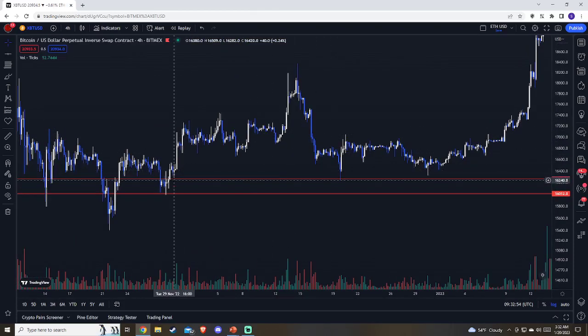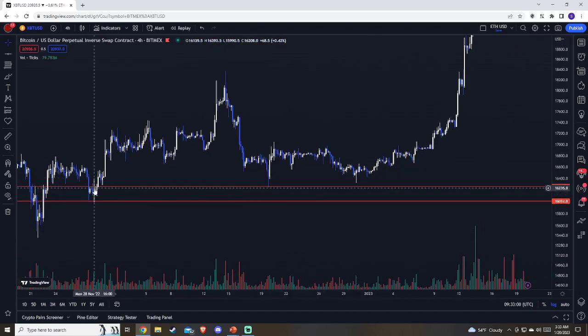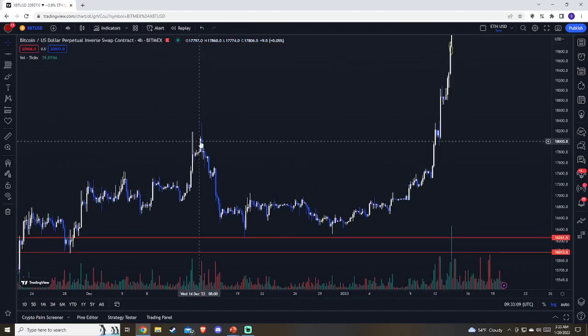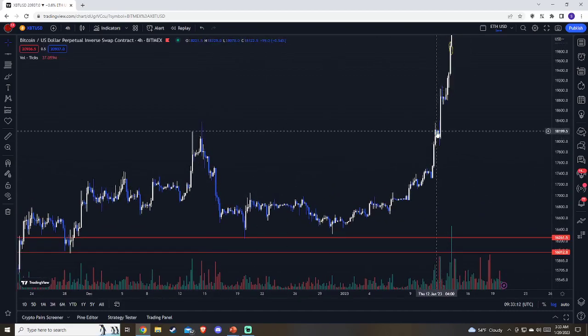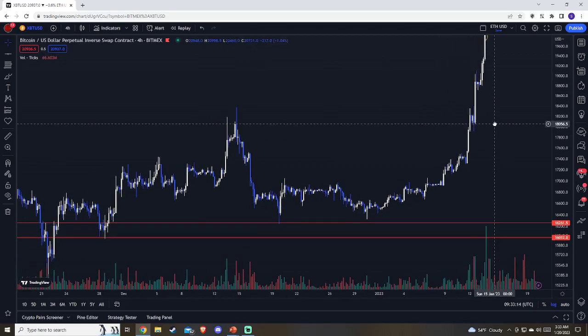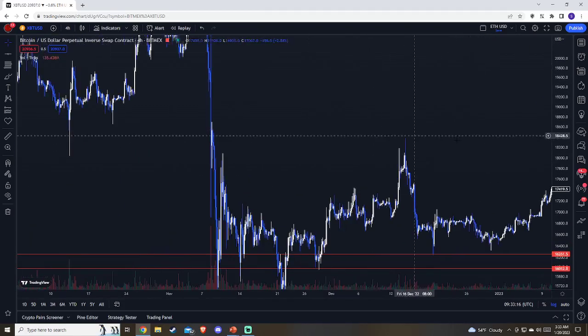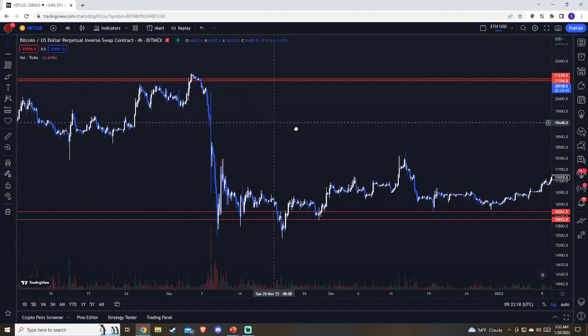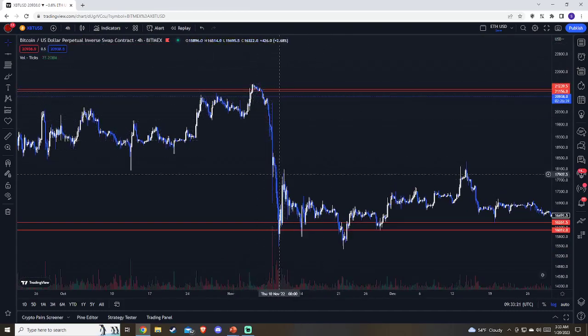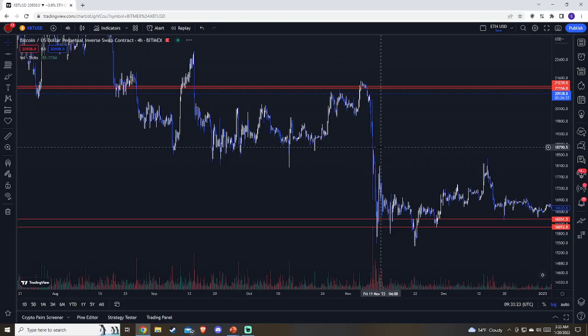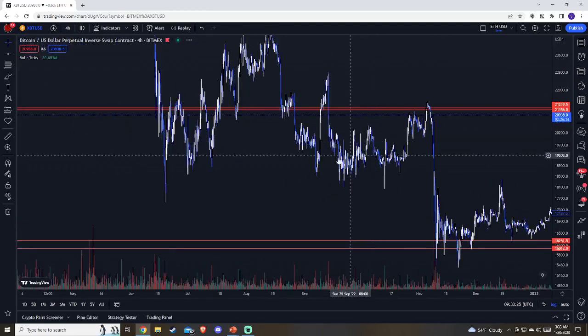Even though it did take a while, we can see that every time we touched this area, we pretty much bounced off of it. This was from basically the end of November all the way until when we really broke out, January 23rd. So these reasonings that we see here, with the FTX drama and all that occurred, come into it.